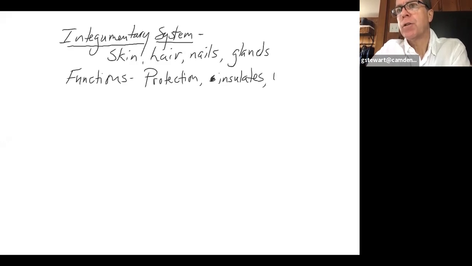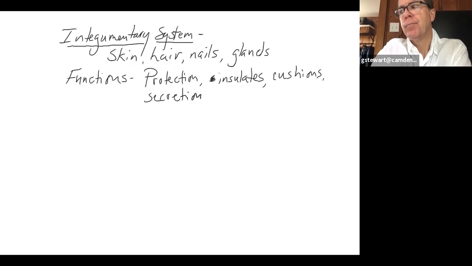It also cushions, which is really almost synonymous with protection, but it cushions, it secretes things. So I'm going to write secretion. It helps our insides from drying out, and so it prevents desiccation.